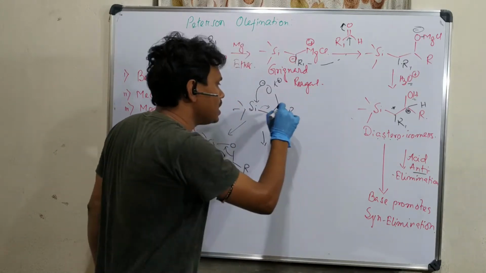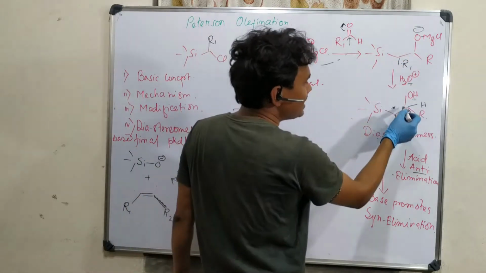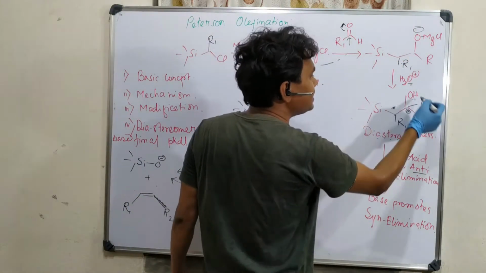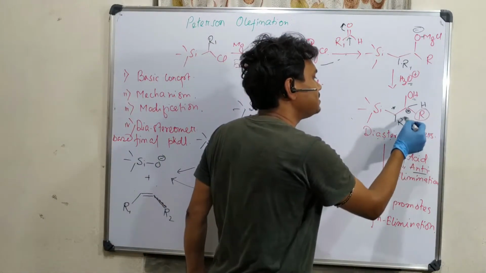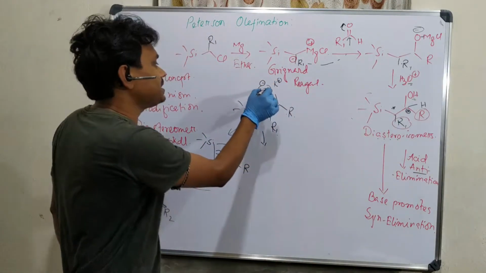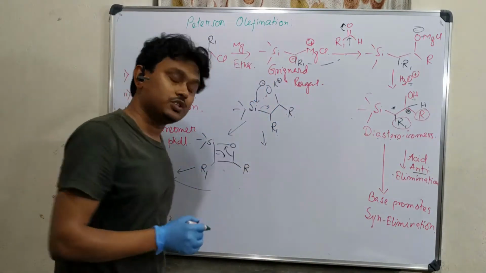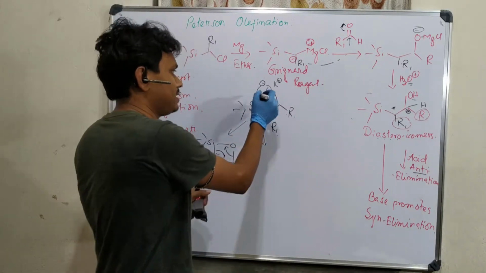If it wants to form a ring, initially they may not be seen to each other; it depends on the bulkness of these, even the silicon. In order to form this 4-member ring, they need to come in cis orientation. So some energy is required.